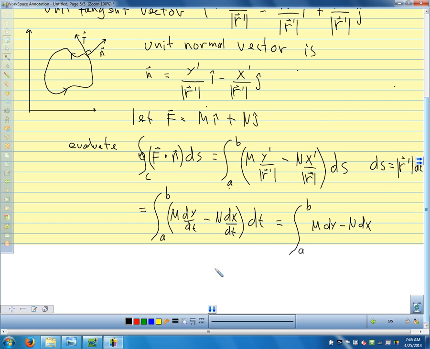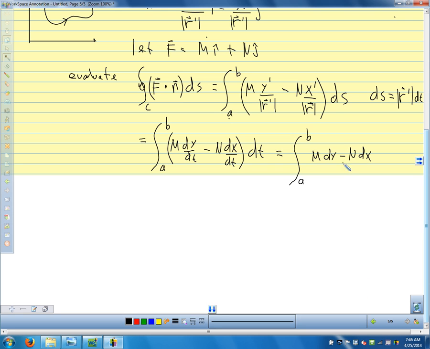And I'm going to rearrange this so it's in the order that we talked about with Green's theorem. So this is the integral from a to b of minus n dx plus m dy.